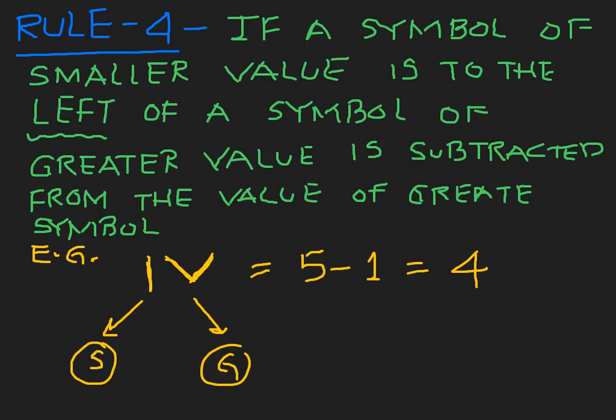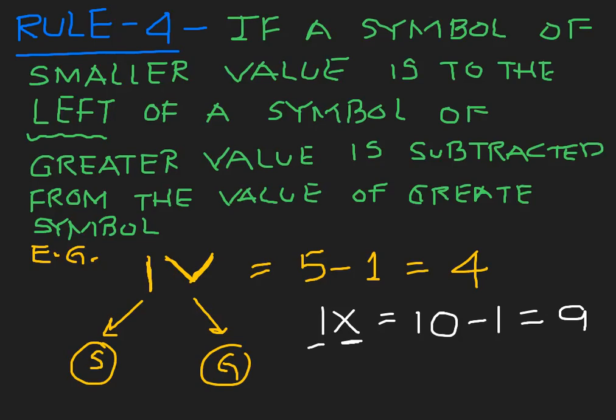So this rule says if a smaller symbol is on the left side of a greater symbol, it will be subtracted. One more example: I and X. Here X is greater, means 10, and I is smaller, so I have to subtract it, and the answer is 9.